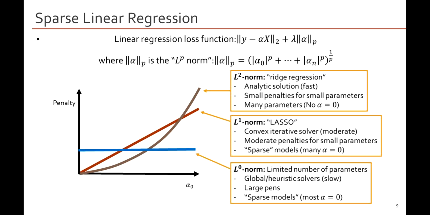So I've got that one error term, but I also have this regularization term that comes at the end, where I'm adding in some level defined by lambda of this term alpha, or this LP norm of those model parameters alpha. So you can see here what happens with this regularization term at the end is that we're adding some error to the model that's dependent on the size of the parameters.